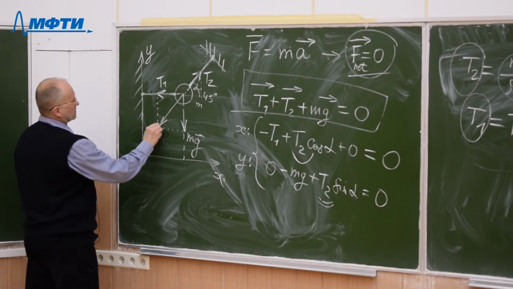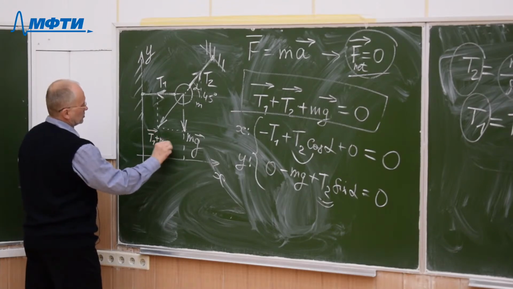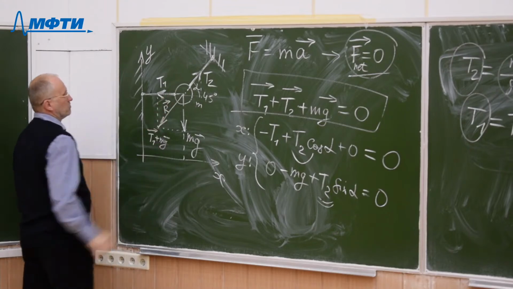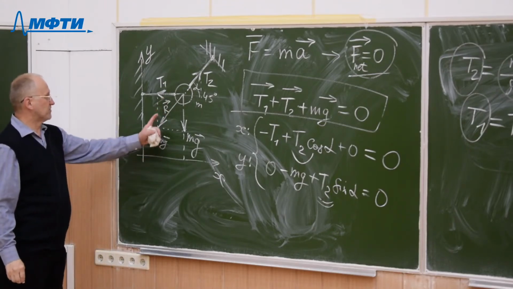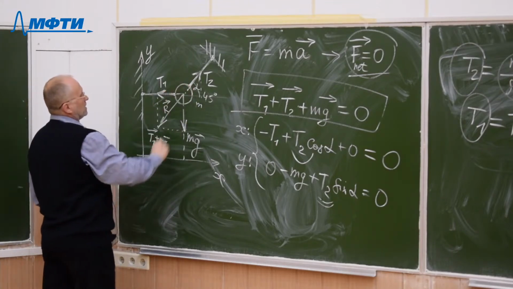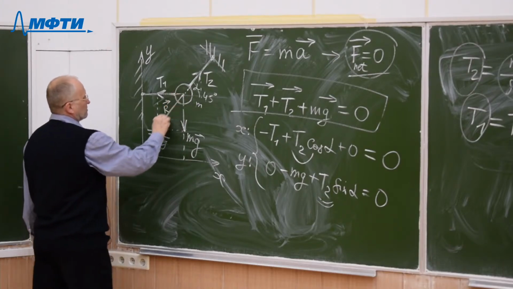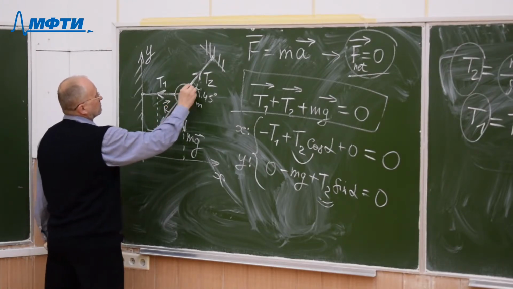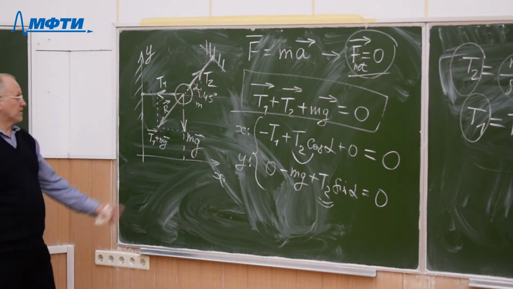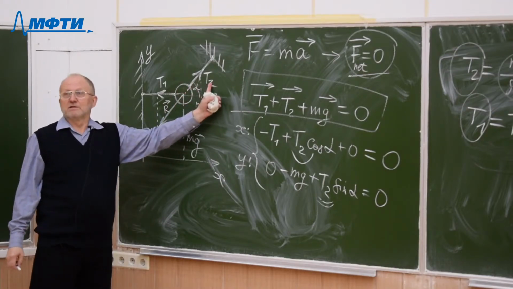That will be the sum of two vectors, T1 plus mg. Vector R, for example, is equal to the sum of two vectors. And as the ball is in static equilibrium, necessarily vector R is equal in magnitude to vector T2 and oppositely directed, because the total sum of R plus T2 must be equal to 0.